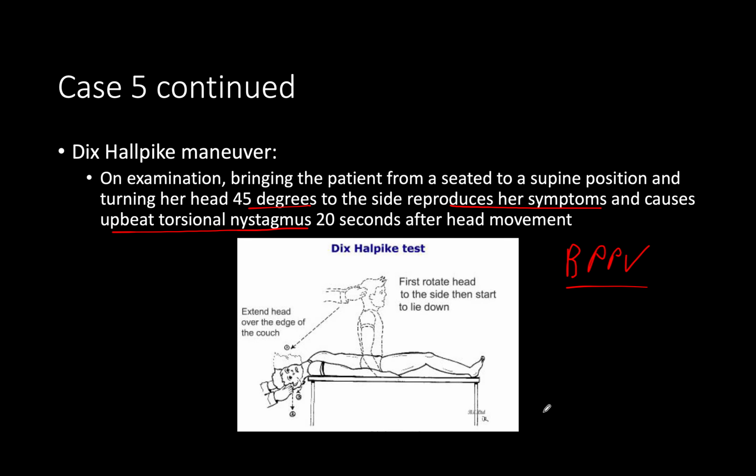If this does not produce your diagnosis, then you can go on to look at other types of vertigo: your Meniere's disease, your labyrinthitis. We're going to go through all the different diagnoses for vertigo. We have a slide for that. But with this particular test, if they describe the Dix-Hallpike maneuver for you and you see nystagmus, you have your diagnosis. There's really nothing else that you need to do.